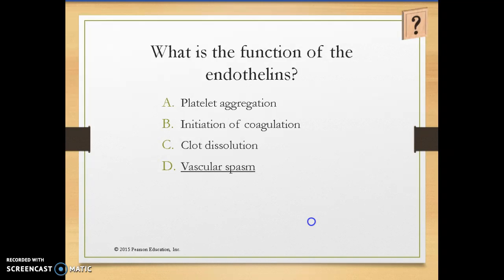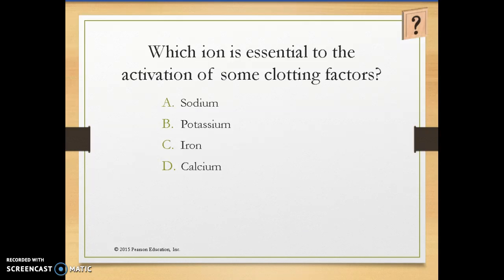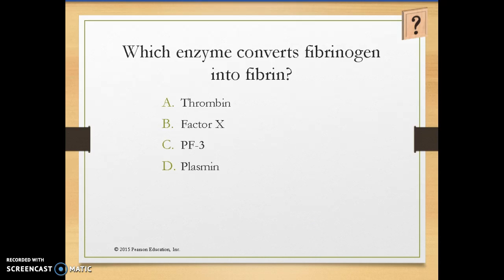Vascular spasm. Which ion is essential to the activation of some clotting factors? Calcium. Which enzyme converts fibrinogen into fibrin threads? Thrombin.